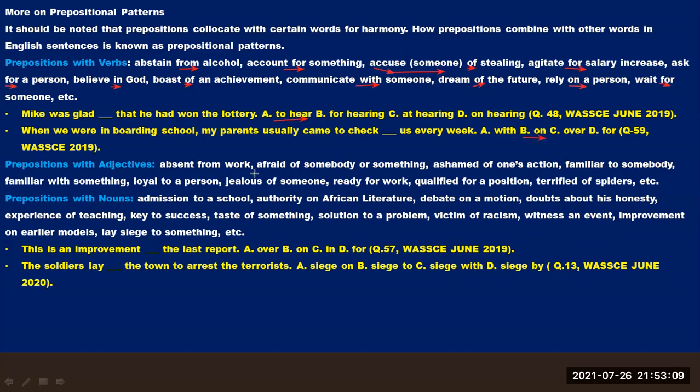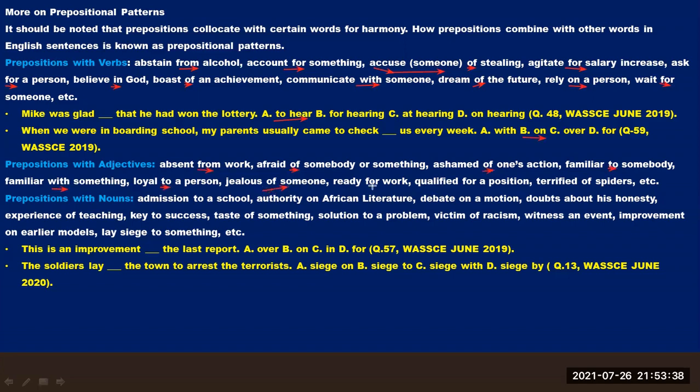Afraid of, so afraid goes with of, afraid of someone or something. Ashamed of, it goes with of. Familiar to, or familiar with. You are familiar with something, you are familiar to someone. Loyal to a person, you are loyal to someone.